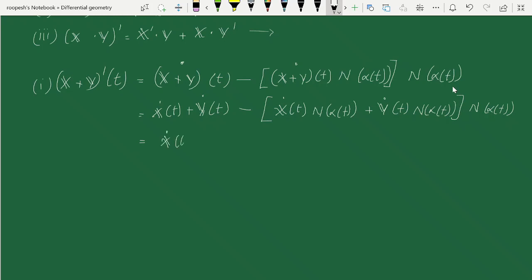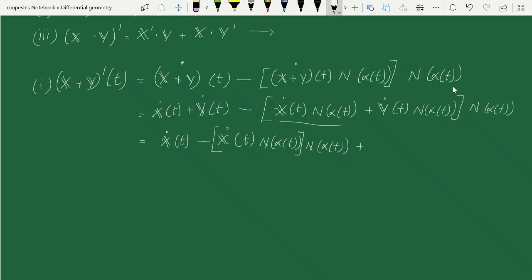Now we can split this: X dot of t minus X dot of t dot N of alpha of t times N of alpha of t. This is the first term.